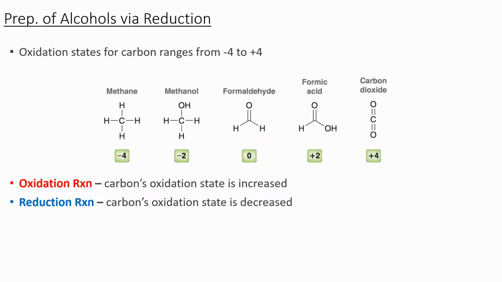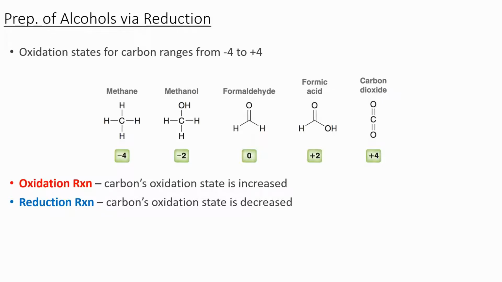On the left we have methane, carbon attached to 4 hydrogens. In this case, all 4 bonds break, each of 2 electrons, and they all go to the carbon if we're going to break them ionically. So this carbon would have an oxidation state of -4. In methanol, we've now created 1 carbon-oxygen bond, so it's -2. And as we add more carbon-oxygen bonds, it's going to go up.